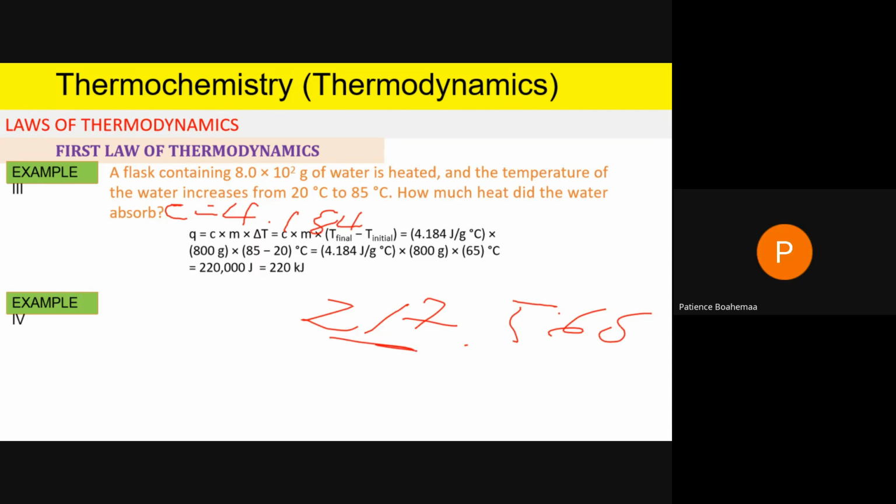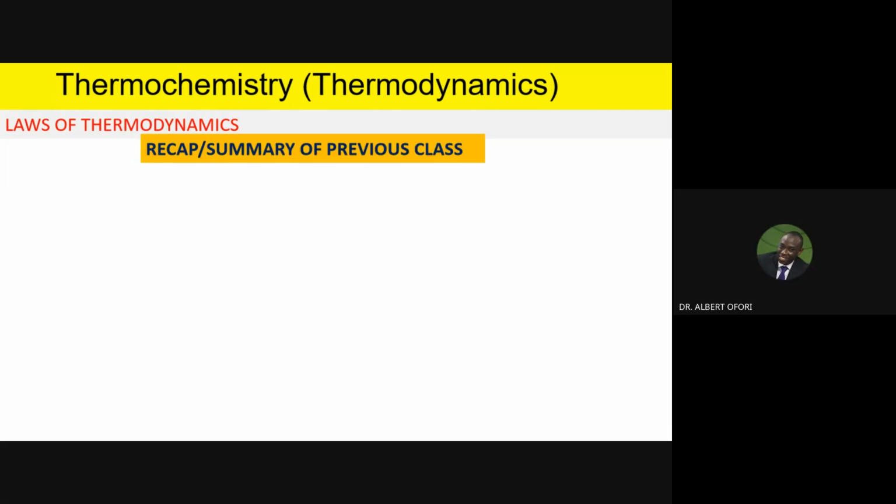Yes, I had 217,568 kilojoules. So that's the answer, not this one. Yes, that one is wrong. Is that okay? Okay. Yes, let's make progress.